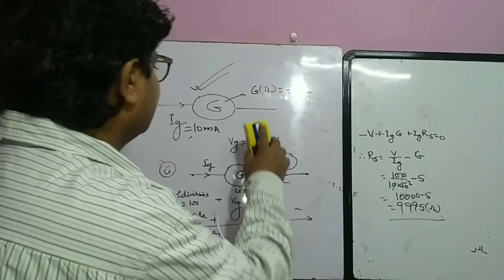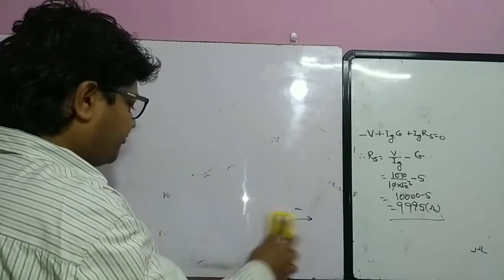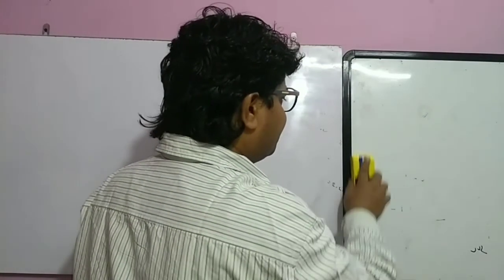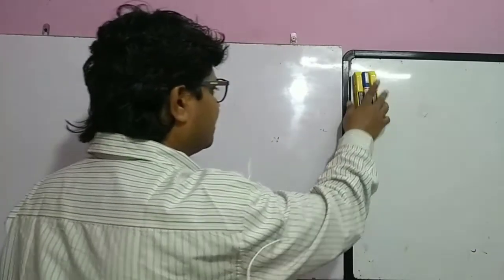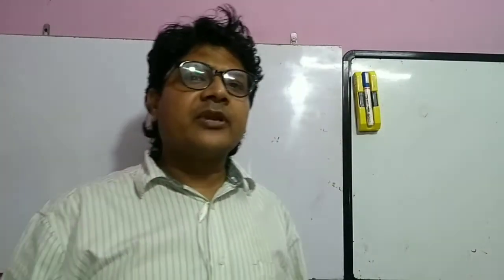Hello. So one more problem we can solve, that is very cool and very easy, and on the basis of whatever we have gone through in our previous example, we can solve it.